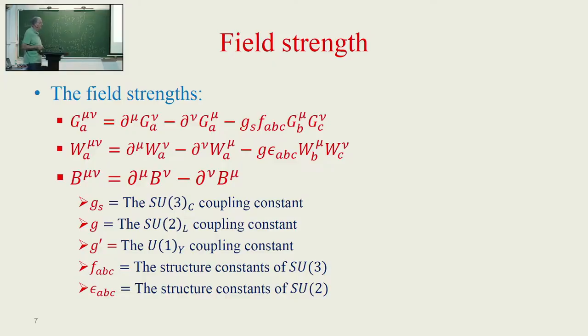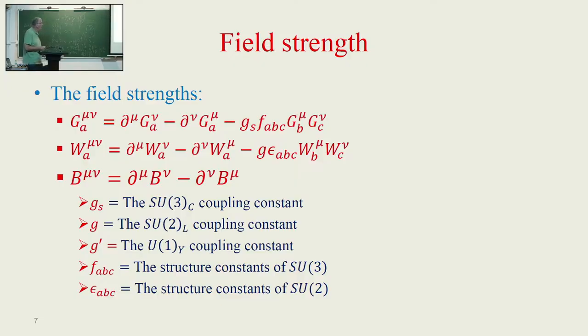There are here 3 gauge couplings because there are 3 factors in the local symmetry that we imposed. G strong, the SU3 coupling constant, G, the SU2 coupling constant, and G prime, the U1 coupling constant. They will appear in the covariant derivatives of the various fields. And as I said, F and epsilon are the structure constants, known numbers.